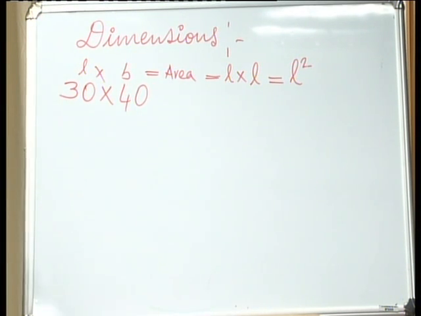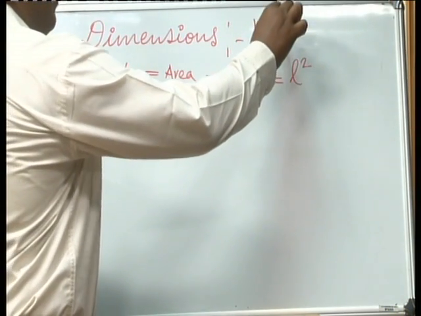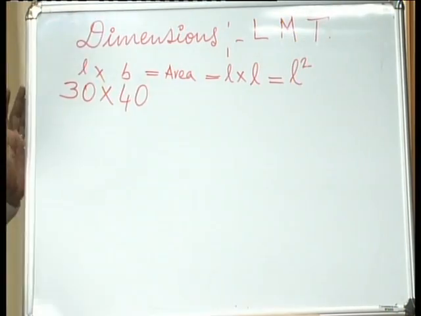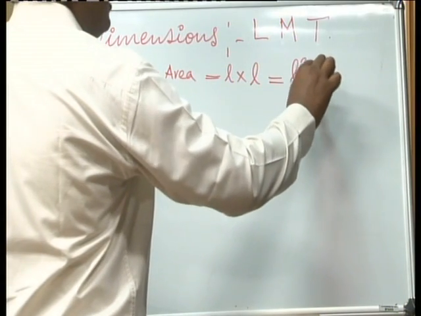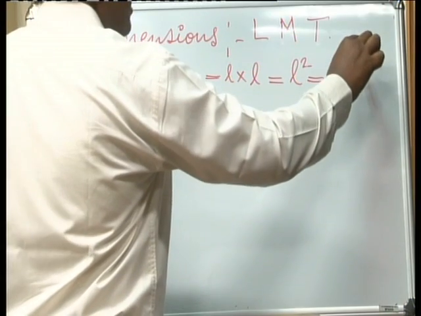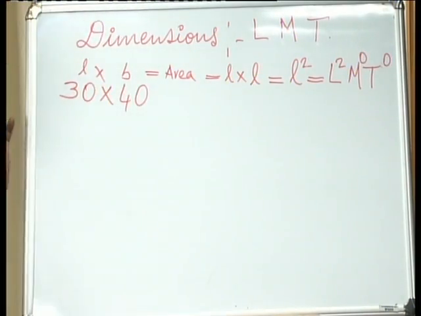Here, one more convention is that while writing the dimension of any physical quantity, use the capital letter L for length, M for mass and T for time, right. So, with respect to this, the dimension of area is L square, because L is used twice, M is used none, and T is also not at all used. That is why M to the power of 0, T to the power of 0.